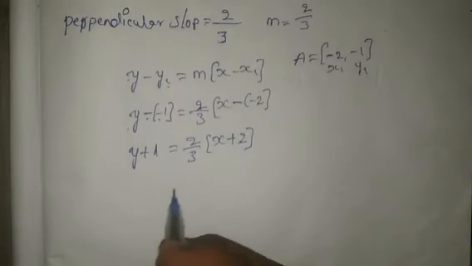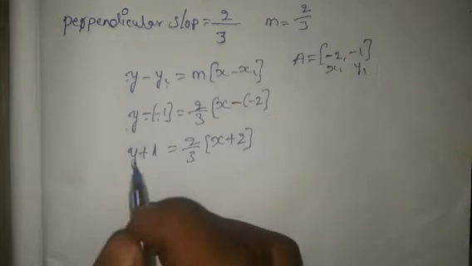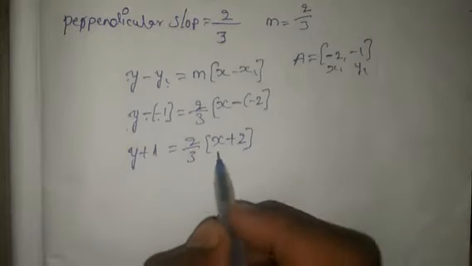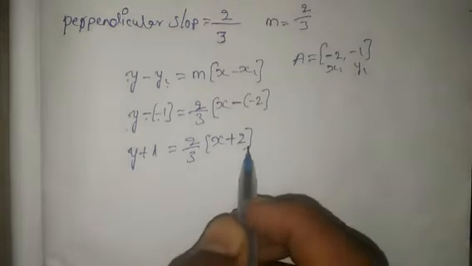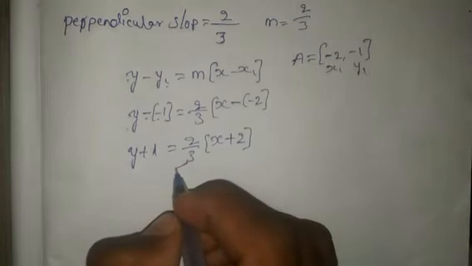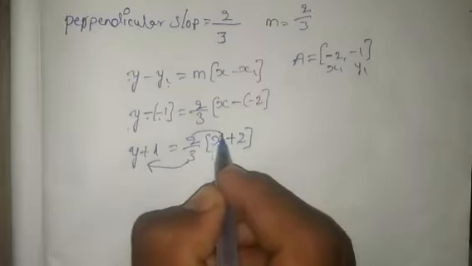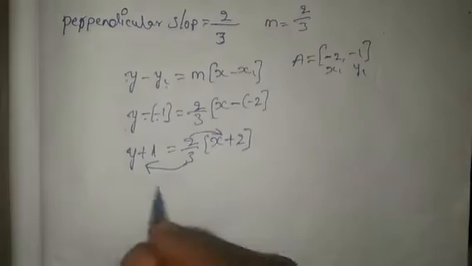So now we have to multiply: y plus 1 is equal to 2/3 into x plus 2. Multiply the equation by 3.